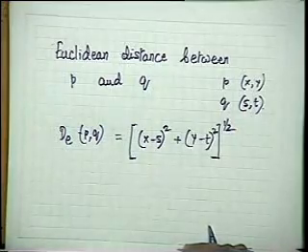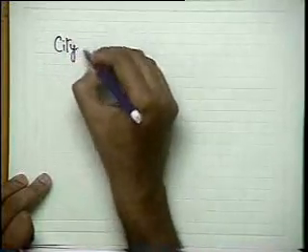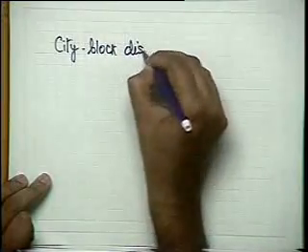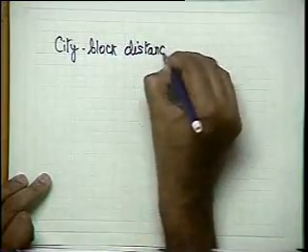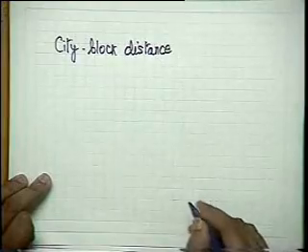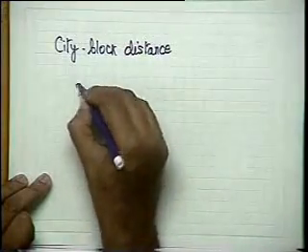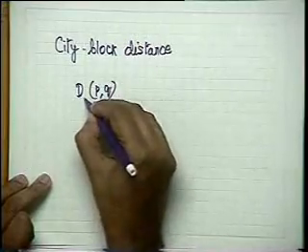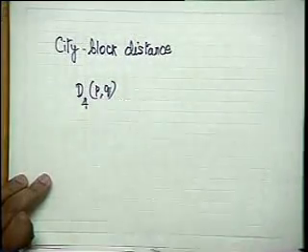There is yet another distance definition, and that distance definition is called the city block distance. And the city block distance is written as d with a suffix 4, dPQ.